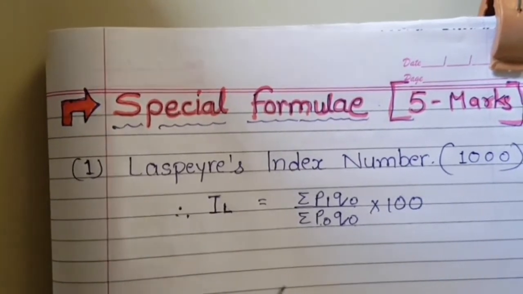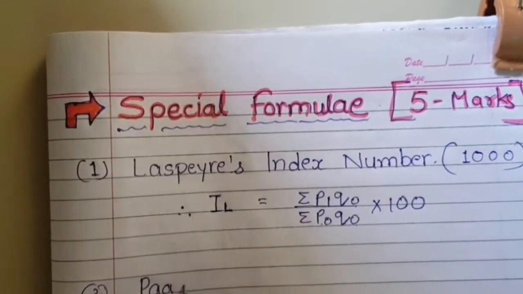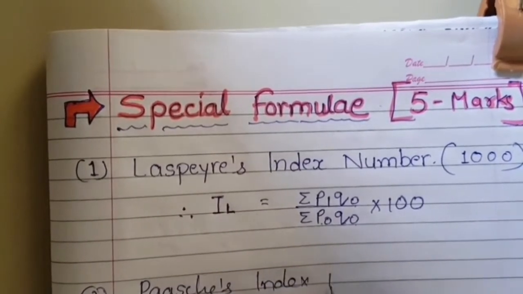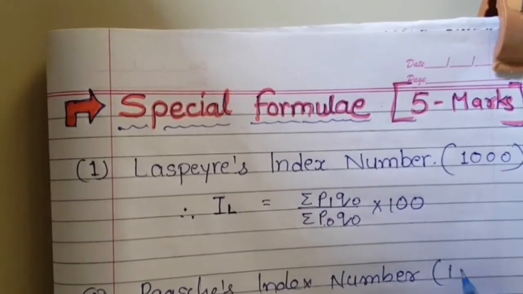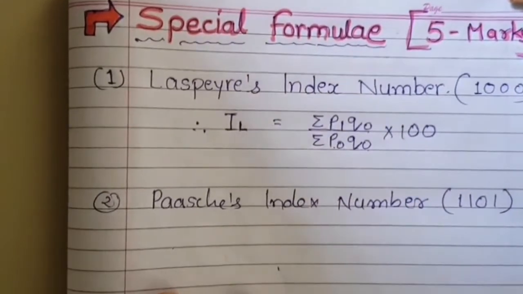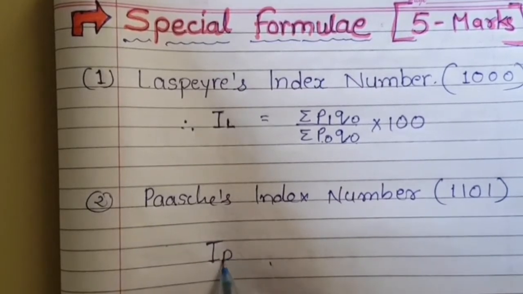So Paasche has given one more special formula, Paasche's index number. For that you have to remember 1101. So how to write Paasche's index number? It is also very easy.